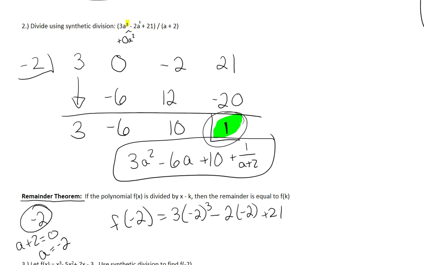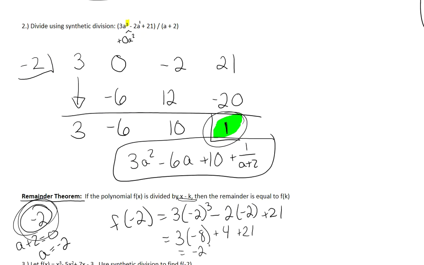So again, if I take the k value from the binomial, plug it into the function, I should get the same remainder as I did in synthetic division. So if we go through this, -2 cubed will be -8 plus 4 plus 21.